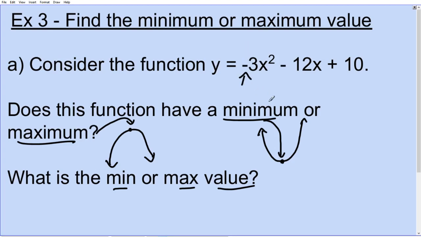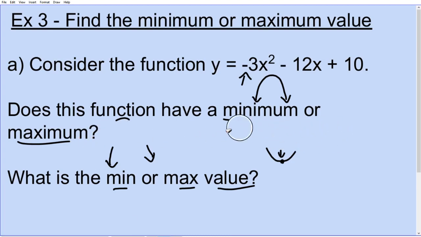This a was negative, which means this parabola is an n-shaped parabola. This is what we learned in lesson 10.1, that first lesson. We had that quiz on it. When it was a negative a variable, it made our parabola n-shaped. So this problem has a maximum.